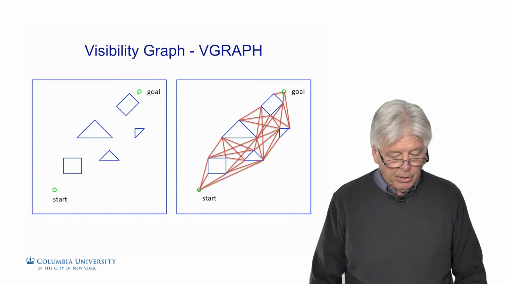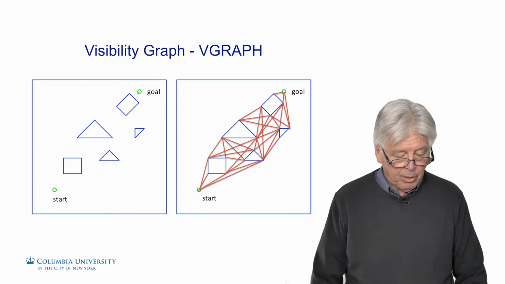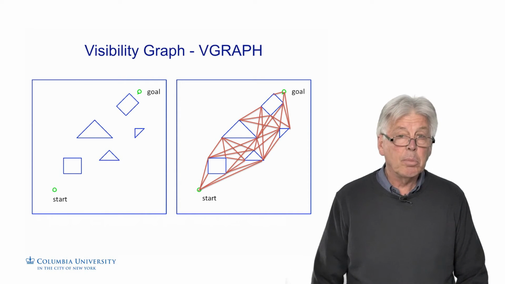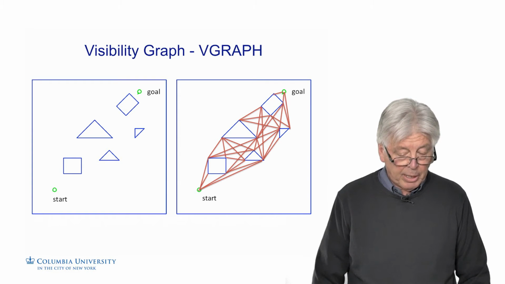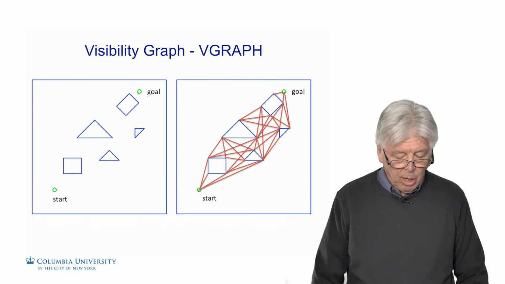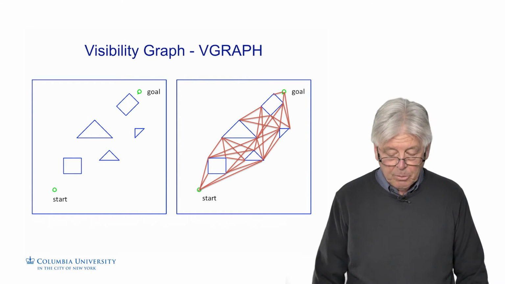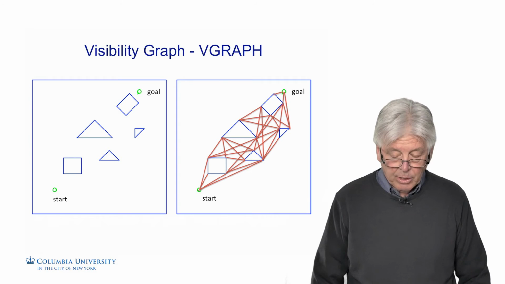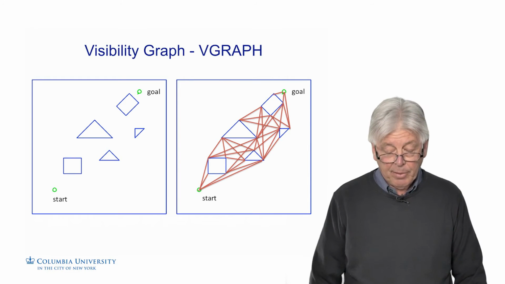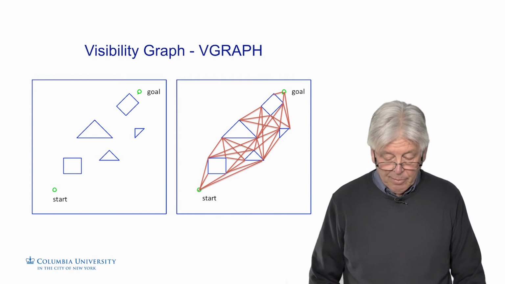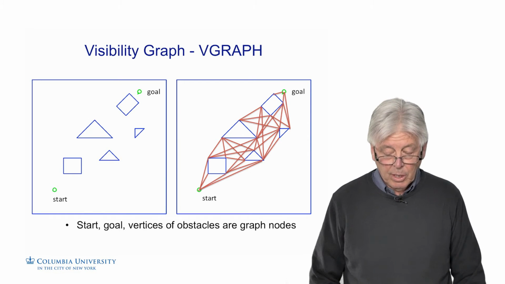So you can see here, we have a visibility graph. On the left, we have a start and goal and some polygonal obstacles. The robot, again, is a point. And so on the right, you can see that we've connected all the vertices that are visible between all the obstacles and the start and the goal point, and that creates a graph. And then we can move along this graph to find a path which is the shortest path.